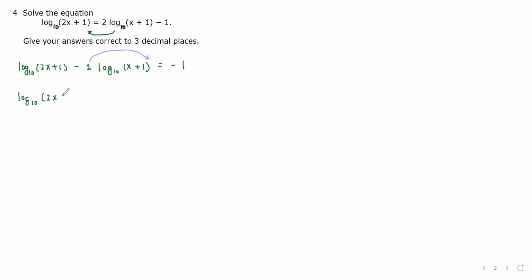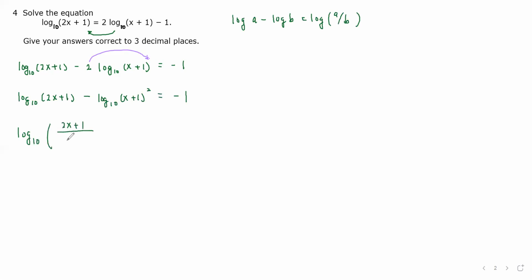Log of 2x plus 1 minus log of x plus 1 squared equals negative 1. Then we use the quotient law to group these two together. Now recall that log A minus log B is log of A over B. That gives us log of 2x plus 1 over the square of x plus 1 equals negative 1.